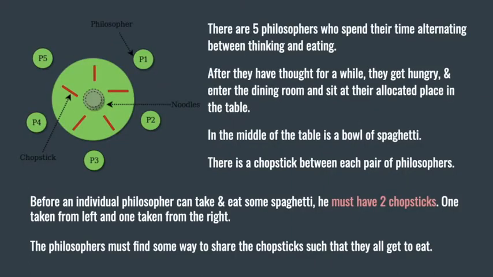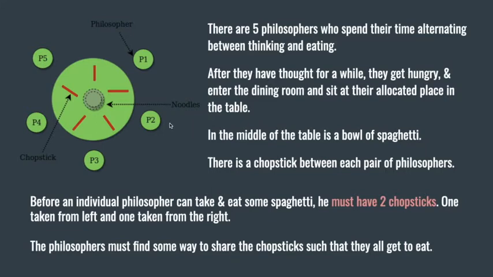I will be explaining the dining philosophers problem now. There are 5 philosophers who spend their time alternating between thinking and eating. After they have thought for a while, they get hungry and enter the dining room and sit at their allocated place at the table. In the middle of the table is a bowl of spaghetti.